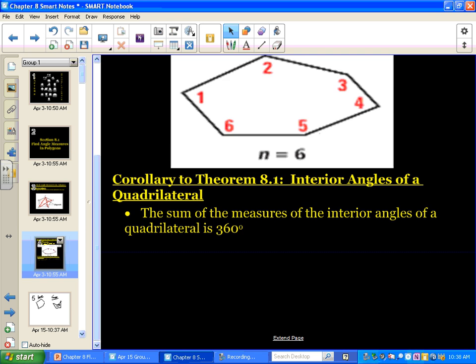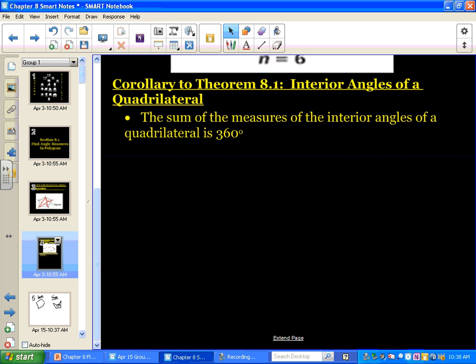Okay, a corollary to this theorem is that the sum of the measures of the interior angles of a quadrilateral is 360 degrees. Now, once again, that has to be a convex quadrilateral.